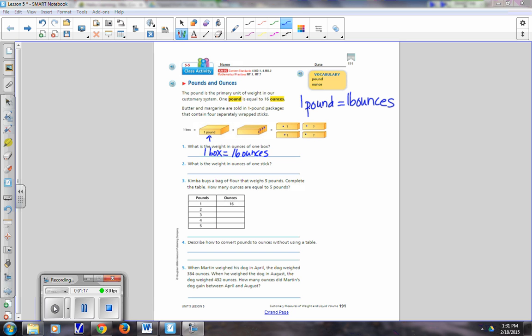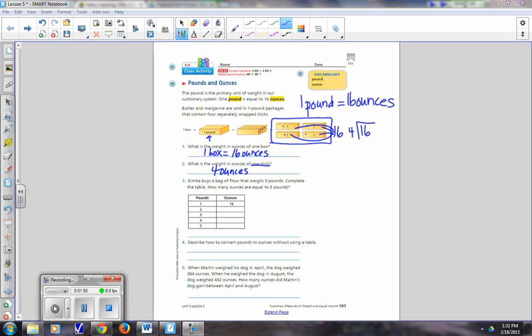If this equals 16 total, I need to give a little bit to each one of these. I'm going to divide 16 by 4 to figure out the weight of 1 stick. So 16 divided by 4, you got it, is 4 ounces.